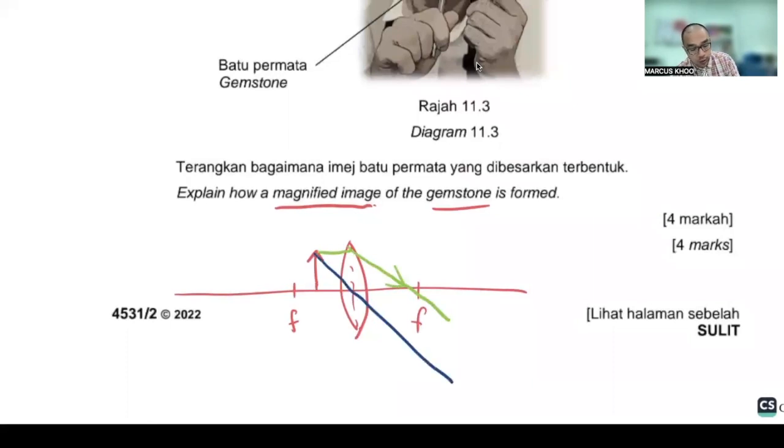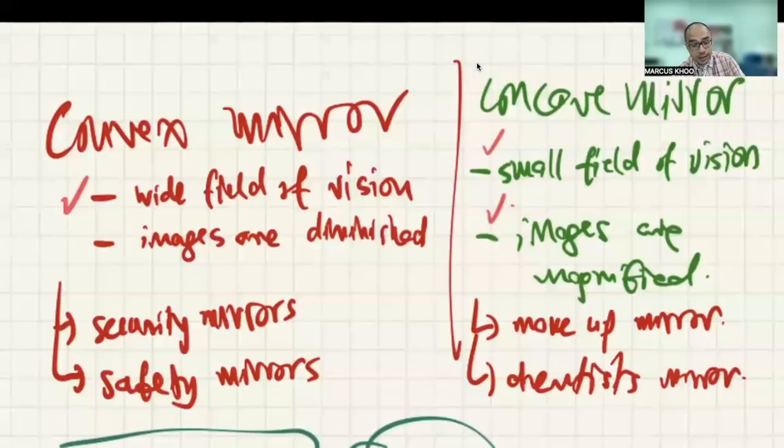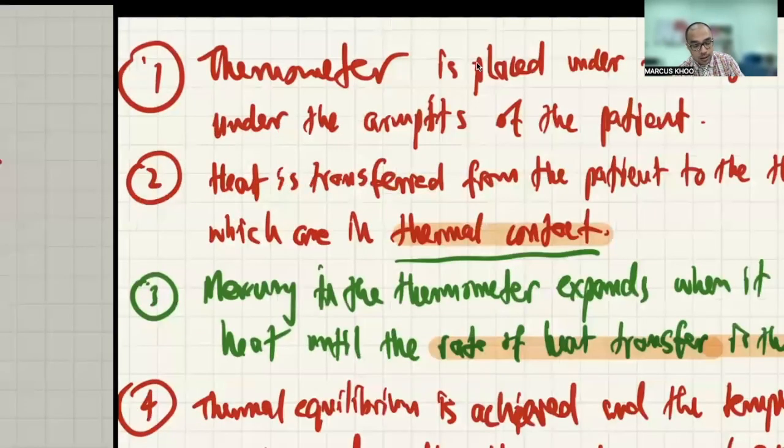When you extrapolate to the back, you will get the image like this. Actually it should be dotted because it's a virtual image. This will give you maybe about 1 mark. Now the explanation for this, let's try. Number one, a convex lens is used.